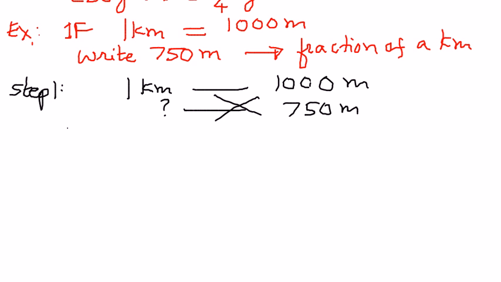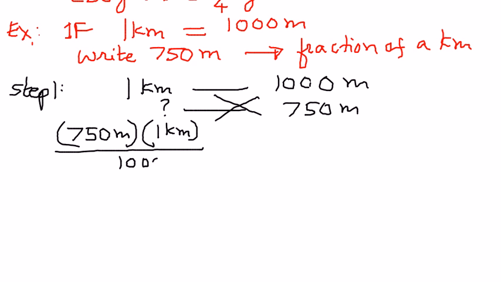We take 750 meters, multiply that by 1 kilometer, and then divide this whole thing by 1000 meters. So the units meters in the numerator and the units meters in the denominator cancel out, and when we simplify it, the answer should be in terms of kilometers. So now what we have here is 750 in the numerator and 1000 in the denominator. The answer is going to be in kilometers.